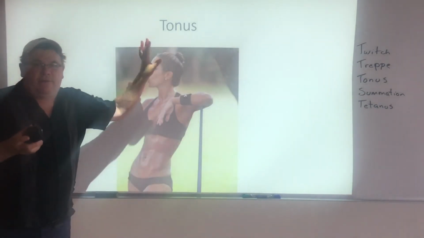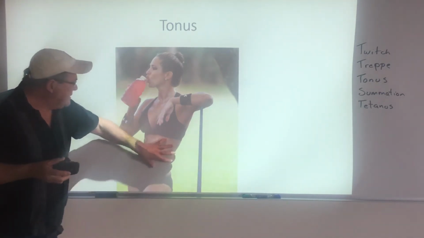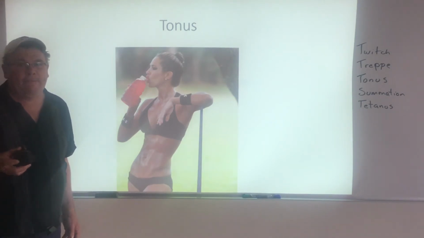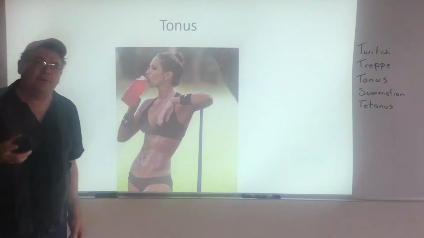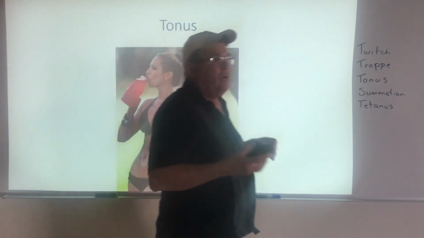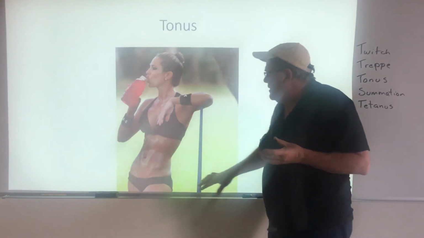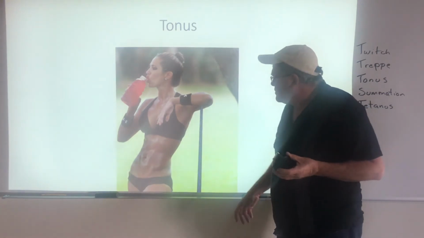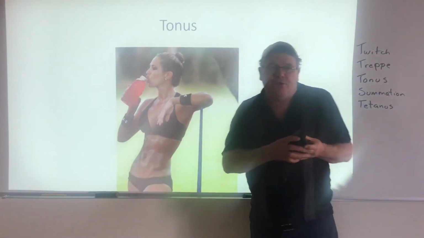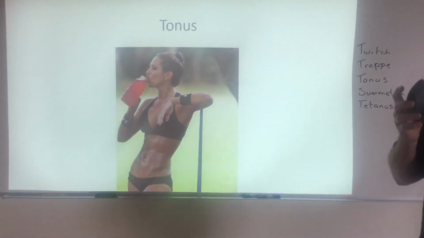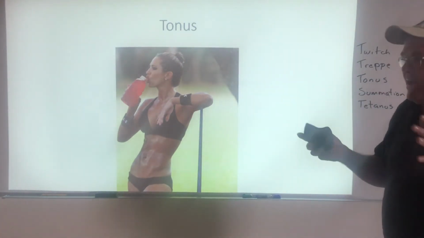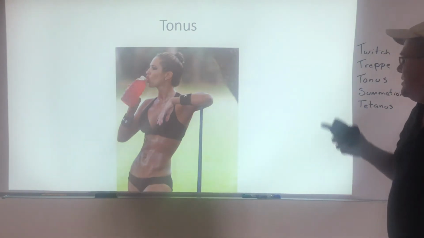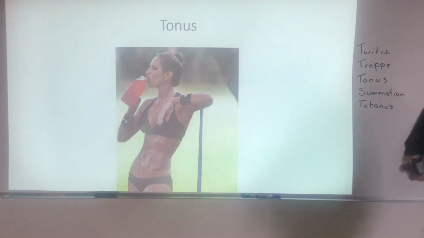If I lost a lot of weight, I would not have a physique like this. You wouldn't see the definition like this. For those of you who work out, who work the core, what you're doing is not just getting rid of fat, and not just building the muscle for a six-pack or an eight-pack. You're making sure those muscles are completely ready to contract. In fact, they're almost in a state of contraction, just a little bit of contraction. So we've got tonus on top of treppe and twitch.